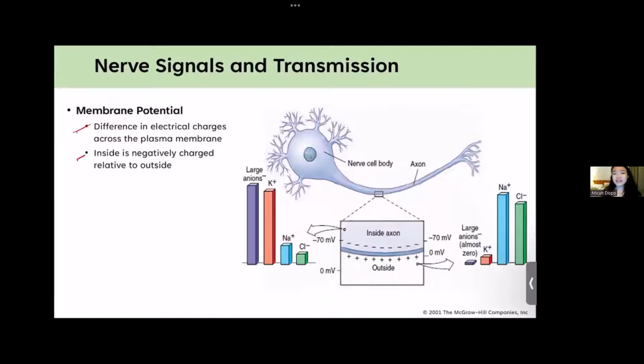Okay, so here let's consider a resting neuron, or a neuron that is not transmitting a signal.